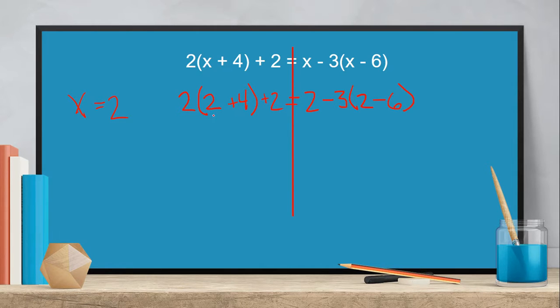So now we take our parentheses, doing our PEMDAS. So 2 times 2 plus 4 is 6. The red was not a good choice of colors. Plus 2 equals 2 minus a negative 3 times a 2 is a negative 6. Negative 3 times 6 is 18.